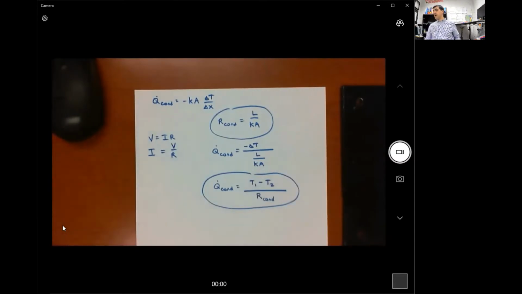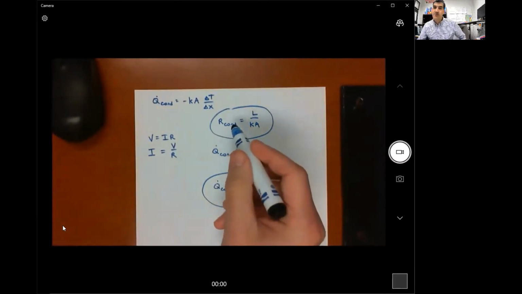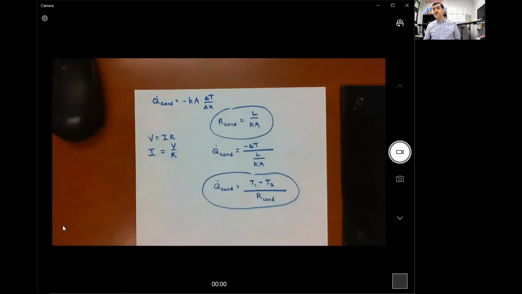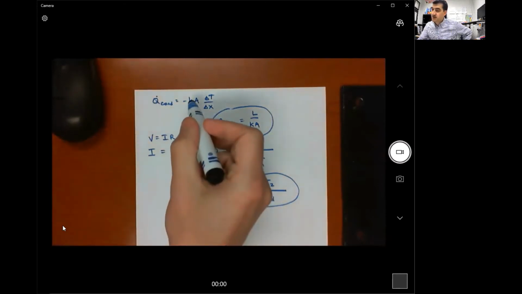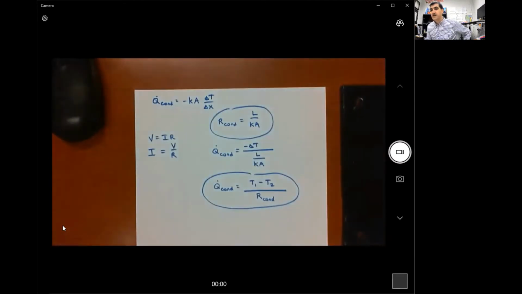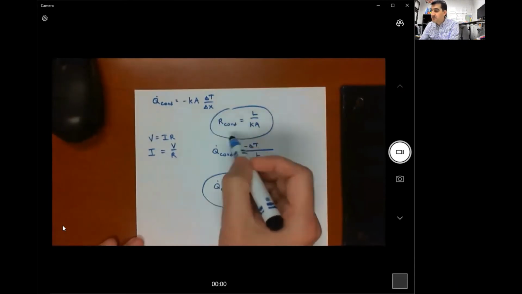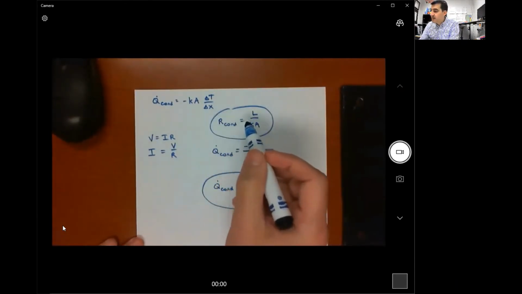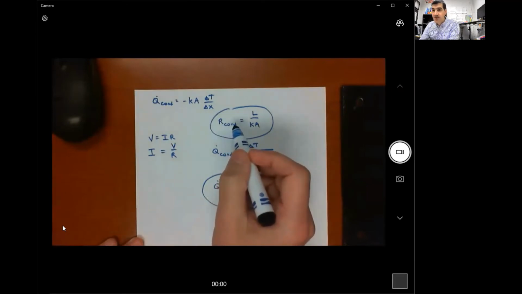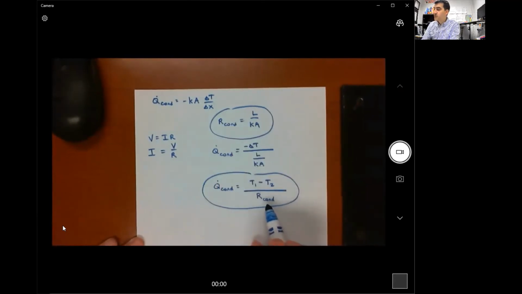All right, so by defining a thermal resistance for conduction, we can solve a lot more complicated problems with a lot more layers and a lot more practical, useful problems than we could just by using this equation on its own. Like you saw in the homework problems, the steps are to define the thermal resistances, add them up in series or parallel, and then plug that total thermal resistance into this equation.